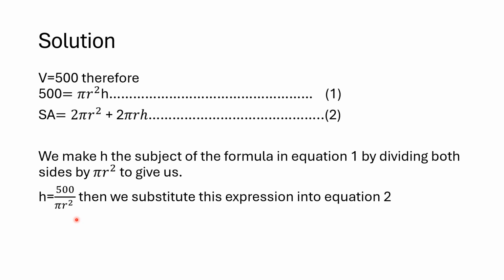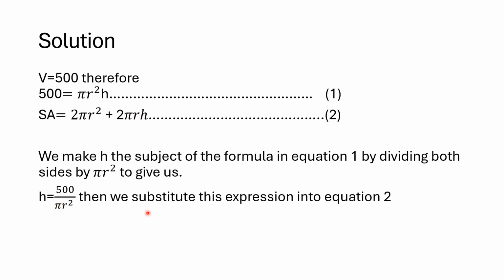The reason why we're doing this is because we are trying to get one equation in terms of r, so we want to eliminate h. How do we eliminate h? We make h the subject of the formula for this equation. Subject of the formula should be something you learned back in level 1. So we make h the subject of the formula here, and then we substitute h into equation 2.